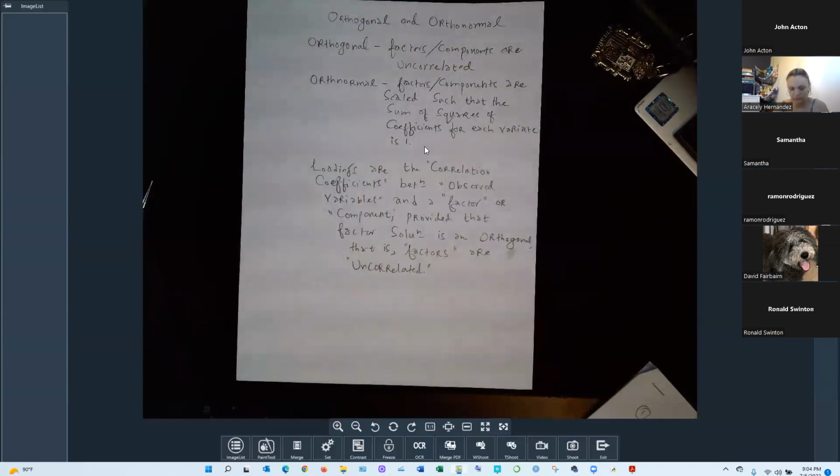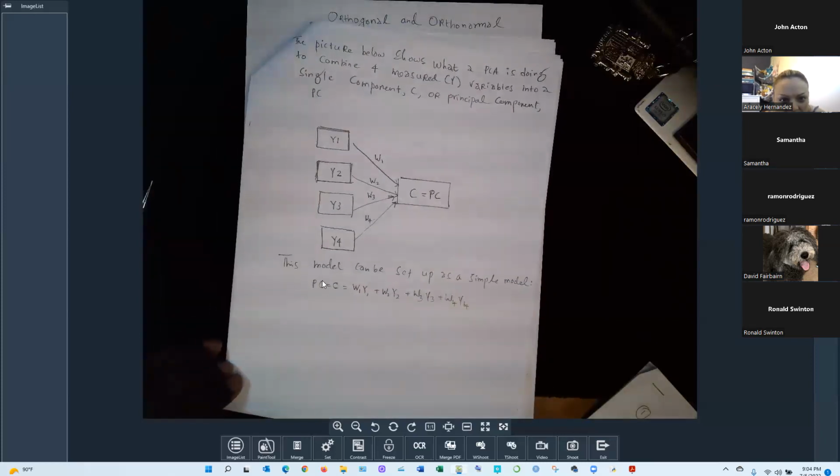for each variable becomes 1. Loadings are the correlation coefficient between the observed variable and a factor. What that means? I'm talking about this and that. This and that are called the loadings. The physical interpretation of W1 is nothing but the correlation between the new variable and the older variable. The older variable we're going to call the observed variable.